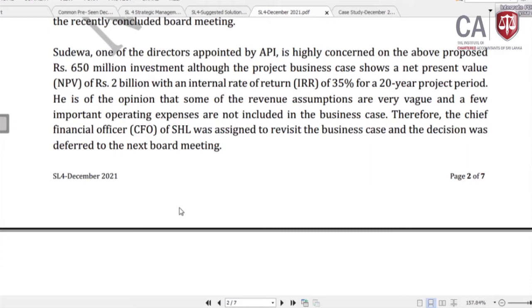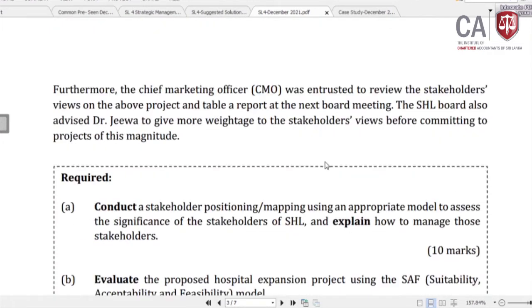Therefore, the Chief Financial Officer of SHL was assigned to revisit the business case, and the decision was deferred to the next board meeting. Furthermore, the Chief Marketing Officer was entrusted to review the stakeholder view on the project and table a report at the next board meeting.